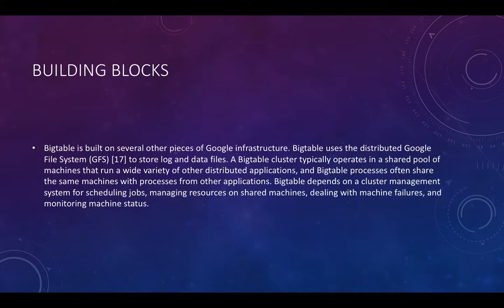Bigtable depends on a cluster management system for scheduling jobs, managing resources on shared machines, dealing with machine failures, and monitoring machine status. So my group mate Jimmy Xiao will talk about the following parts.